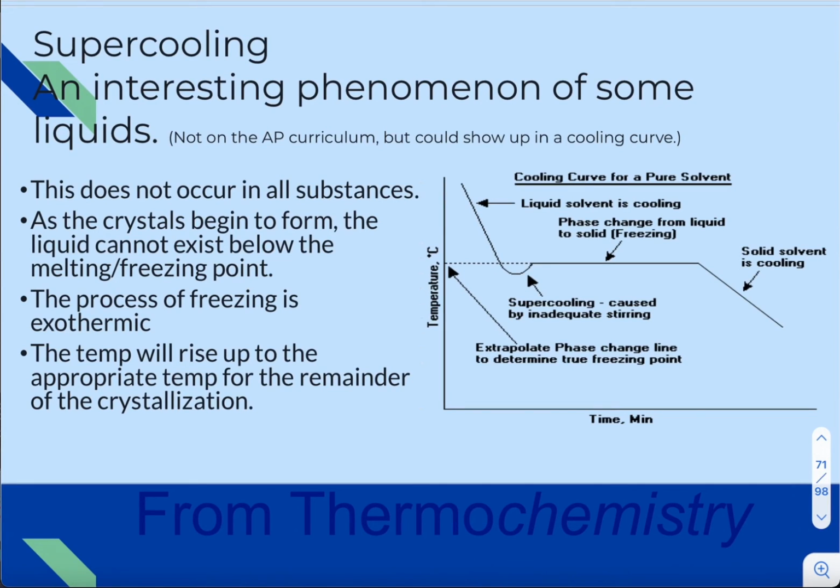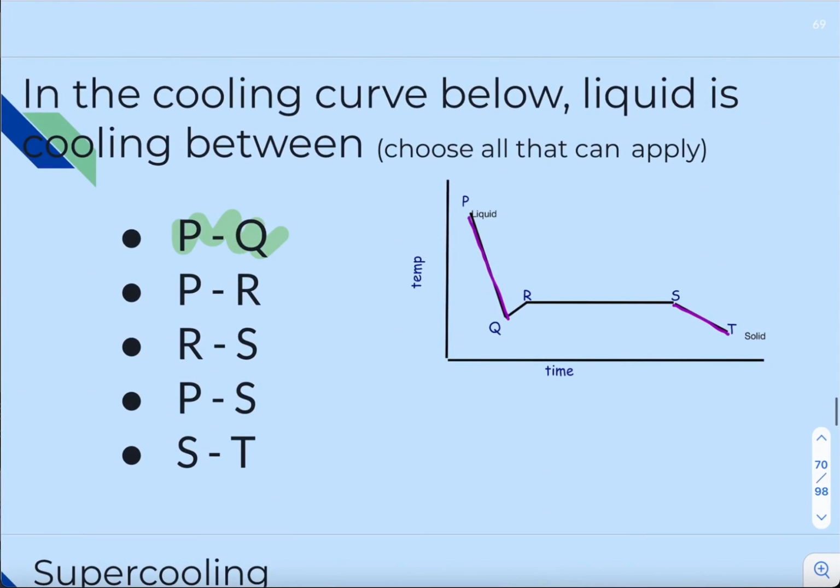So there are some substances that will dip a little bit if you don't stir them correctly. And then it will go back up to the freezing point. Okay, so if you see that, it's not a big deal, doesn't throw anything off. You're not going to be expected to draw one that has that, but if you do see it, I just wanted to throw that in here because this one's a little weird and I didn't want it to mess people up.